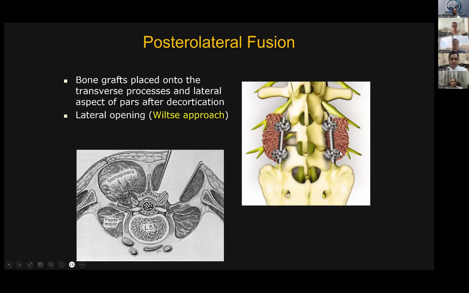This is the so-called wheelchair approach, where you make two incisions and then place your grafts on the transverse processes and the facet joints, the lateral part of the lumbar spine.